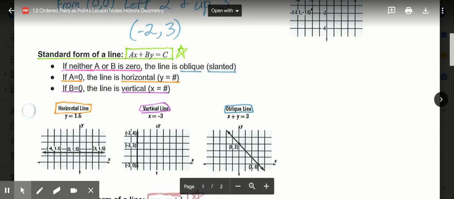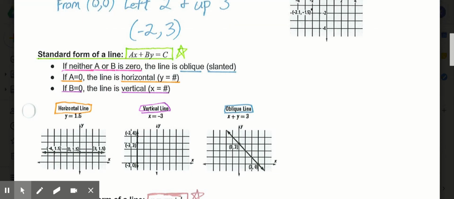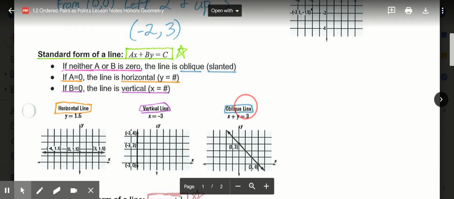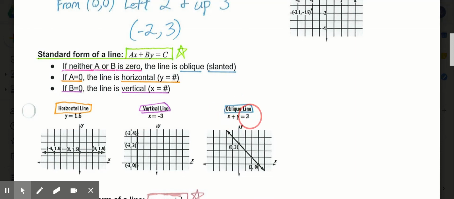If neither a or b are 0, so if neither one of these values are 0, we always end up with an oblique line or a slanted line. So an example of that would be x plus y equals 3. So x plus y equals 3 would be an oblique line, meaning it has a slope that is not dealing with x being 0 or y being 0.